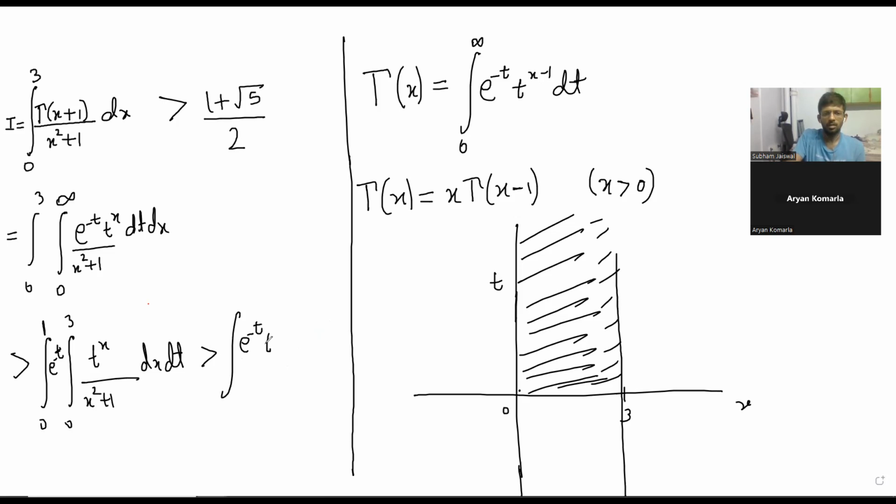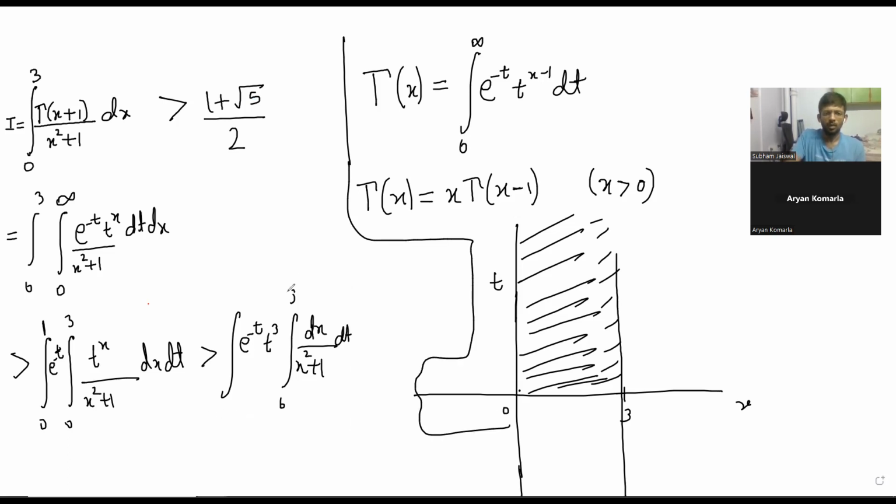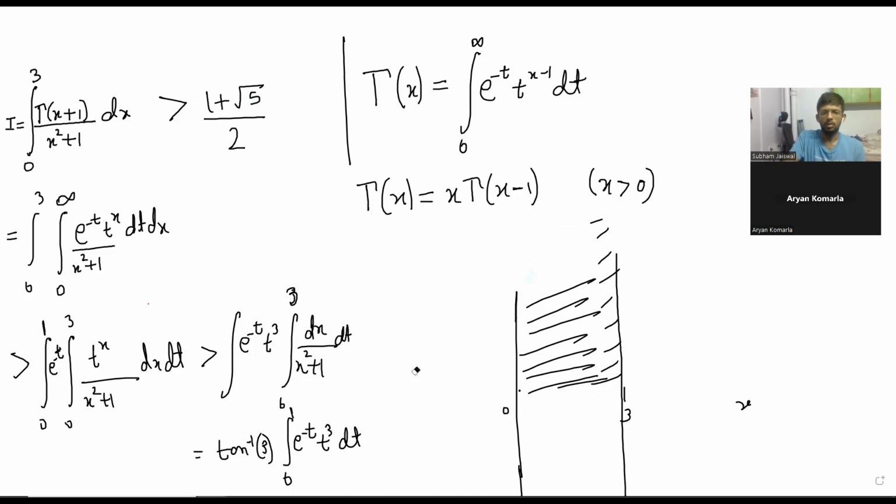So we have this, and now this is something which you can integrate. That'll just be tan inverse 3 minus tan inverse 0, which is 0. So tan inverse 3. Correct. And then you can tell some value of this, e power minus t cube dt. That you can do.